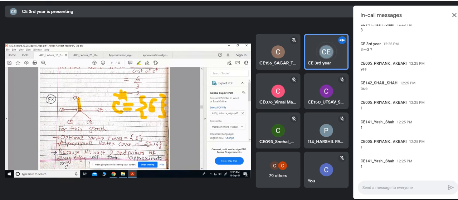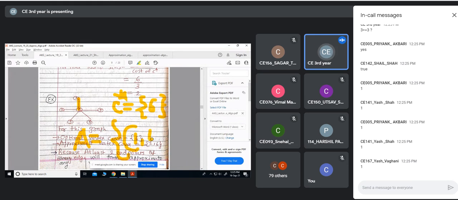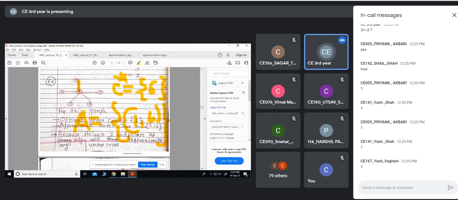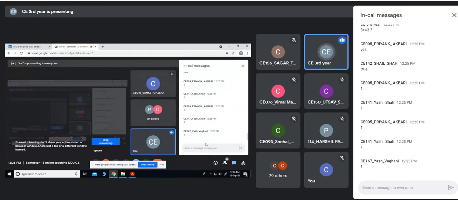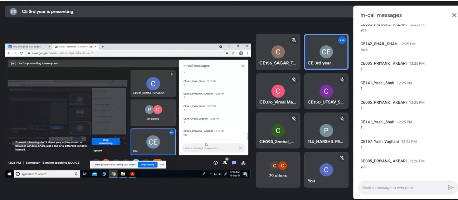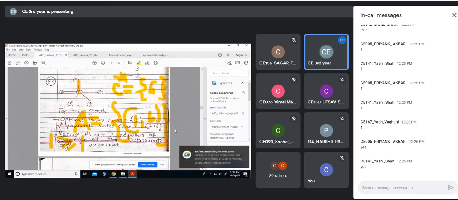The set of edges A will have 6 as one endpoint, either 1, 6 or 5, 6. So size of A is 1 and size of C star is also 1. So 1 is greater than or equal to 1, which is also correct. Agree? Second example also. Right. Okay, third example.